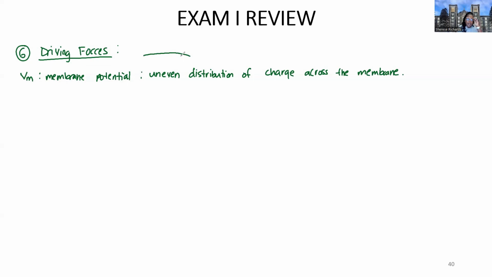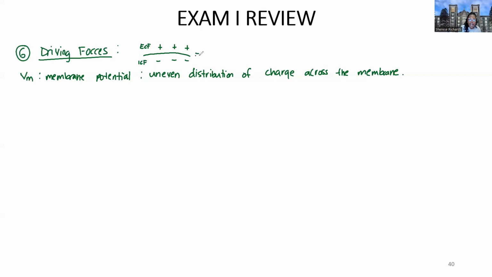Also, because of some of the channels and pumps that we have present on the membrane, it's going to create two separate intracellular and extracellular environments such that we have a separation of charge. This is the ECF, this is the ICF. We have more positive charge out here, and more negative charge in here. So that separation of charge is what creates the membrane potential.